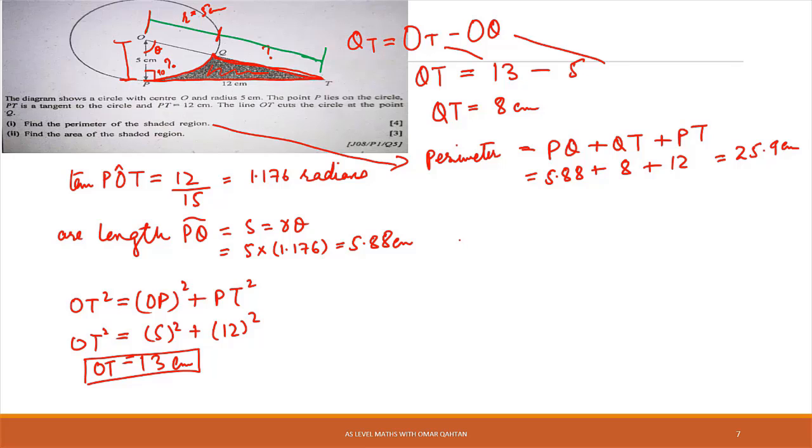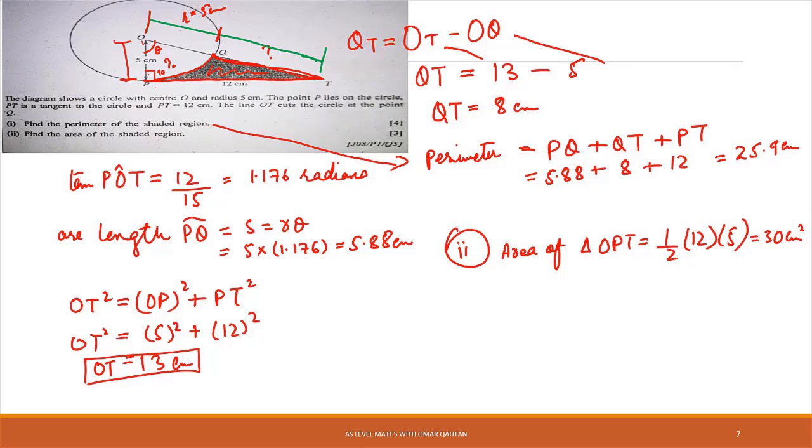So first we'll find the area of triangle OPT for part 2. Area of triangle OPT will be 1 upon 2 into 12 into 5, because this 12 is the base and this 5 is the height. So half into 12 into 5 will be 30 centimeters square.